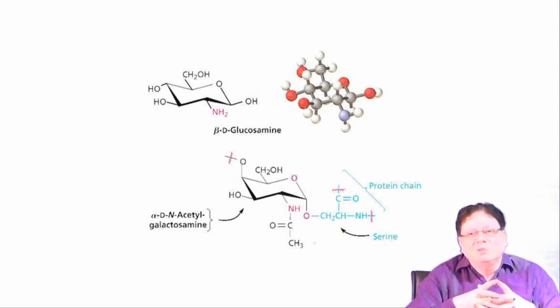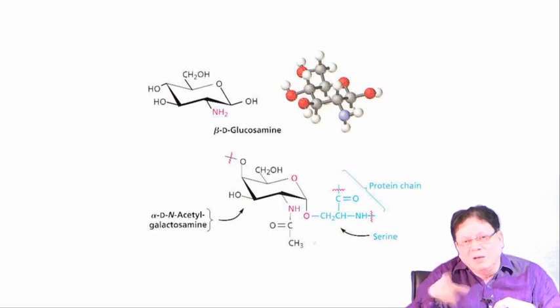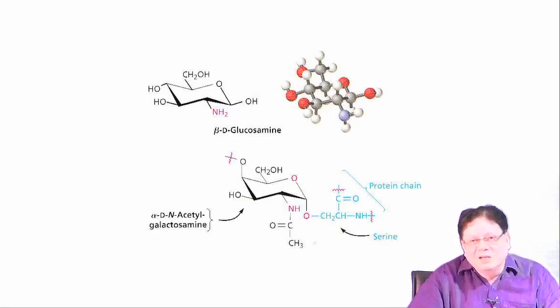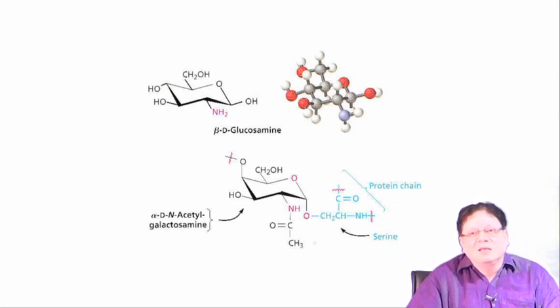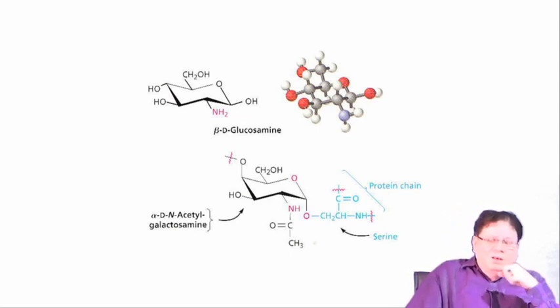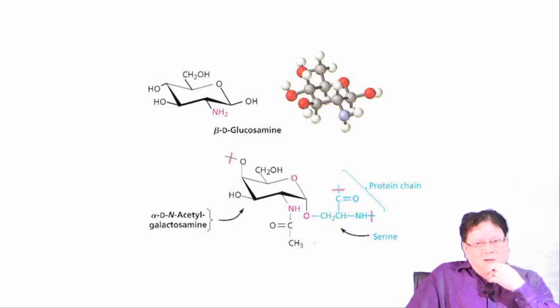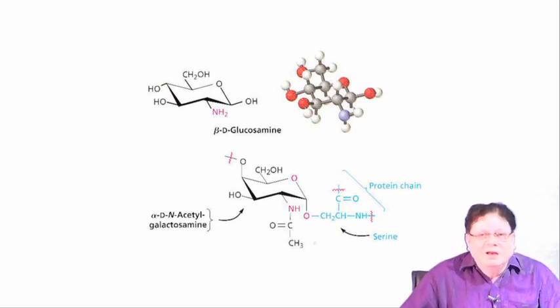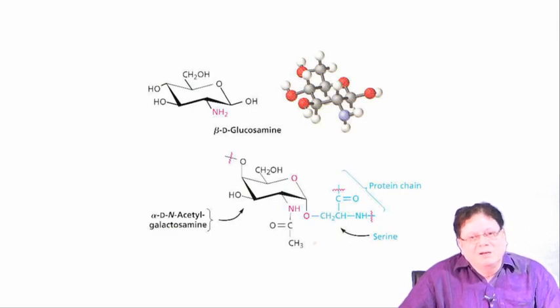As shown here, the glucosamine ultimately goes to the acetyl form, the nitrogen is now acetylated, and then there is some serine, then there is a protein chain. So this participates in cell wall biosynthesis, but we will come back to that when we talk about the antibiotics and their action on bacterial cells.